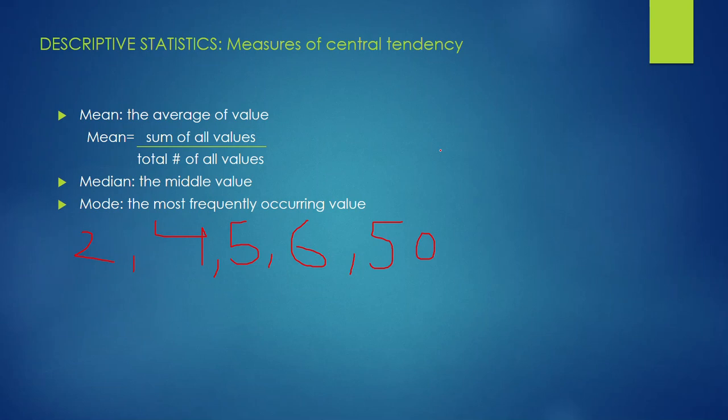We'll calculate mean by dividing the sum of all by the total number of values, and we'll get 13.4. This is our mean. Median is the middle value. In this case, we have the middle value, which is 5.